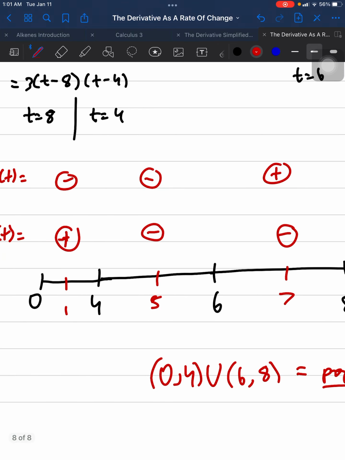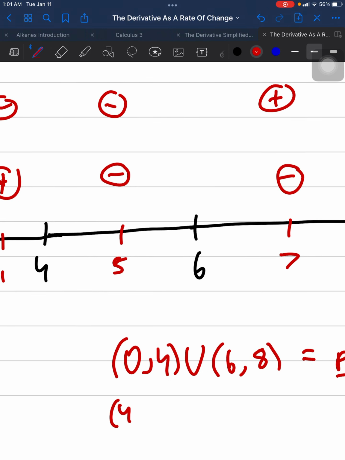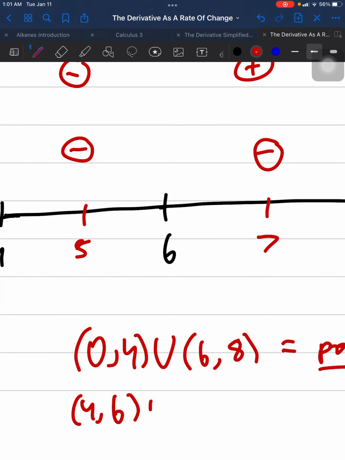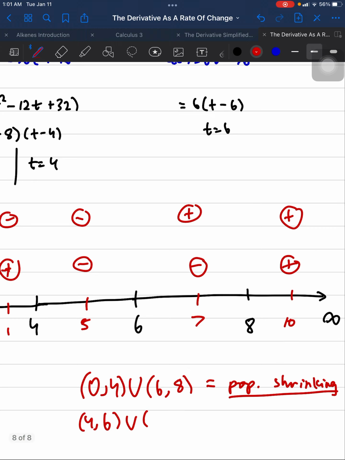And in terms of where the population is growing, it is going to be in between times t equals 4 to t equals 6, because both signs are negative for acceleration and velocity. The function shows that the population is growing in between this interval, and the population is increasing from time t equals 8 to infinity.